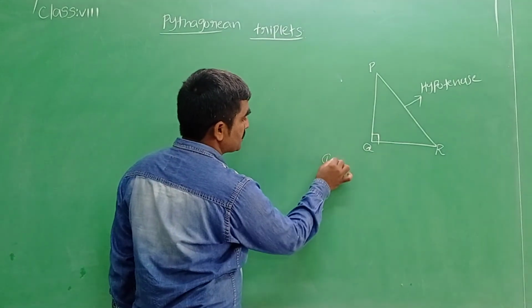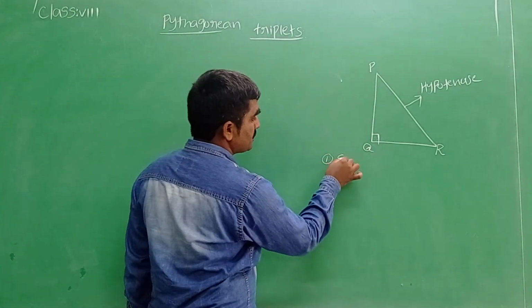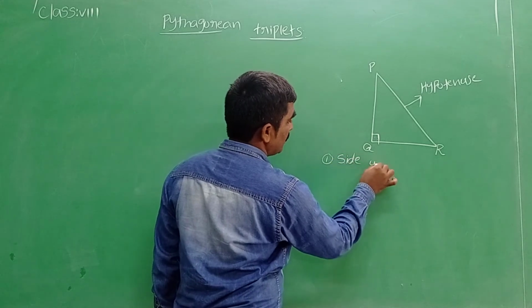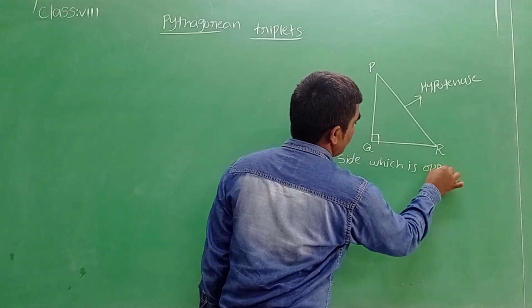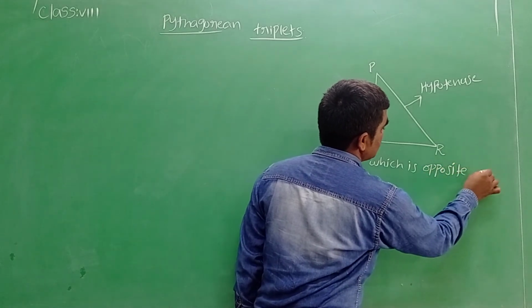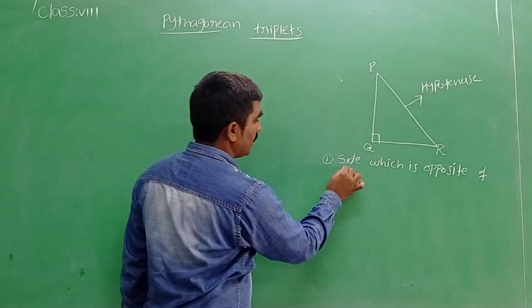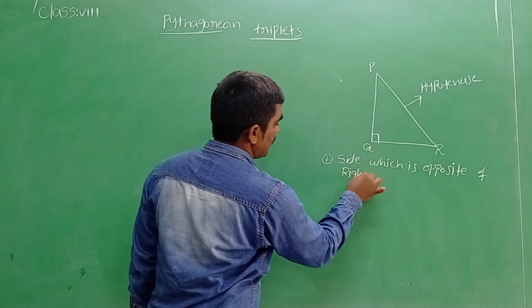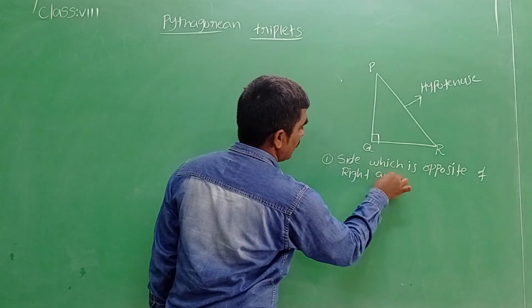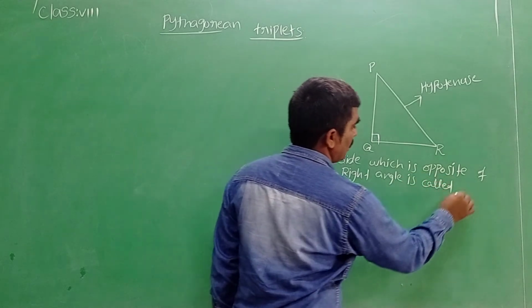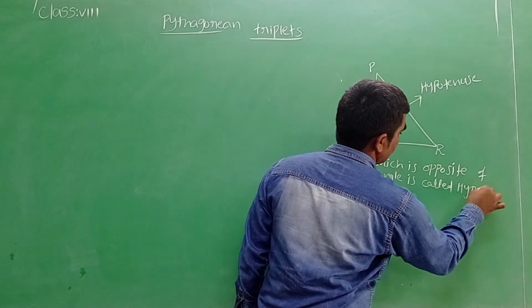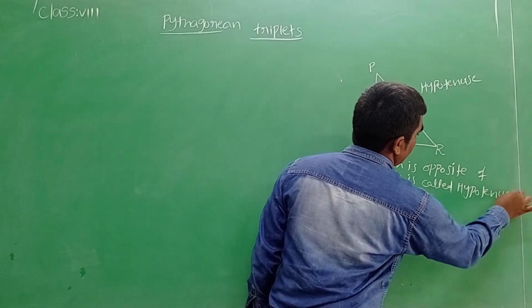So let me write here. First key point: the side which is opposite of the right angle is called the hypotenuse.